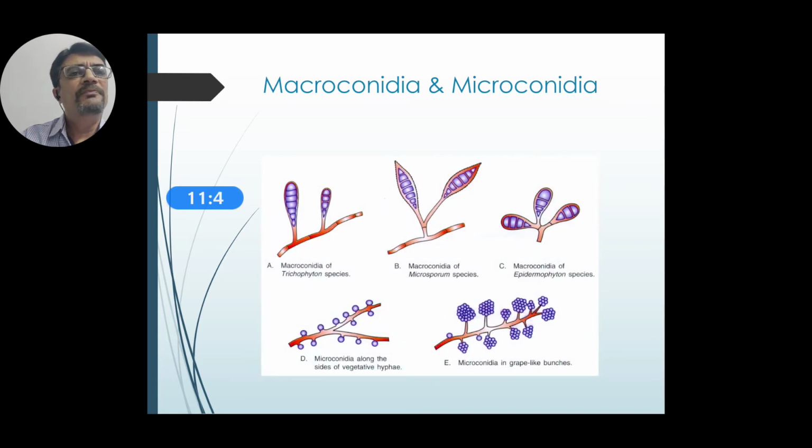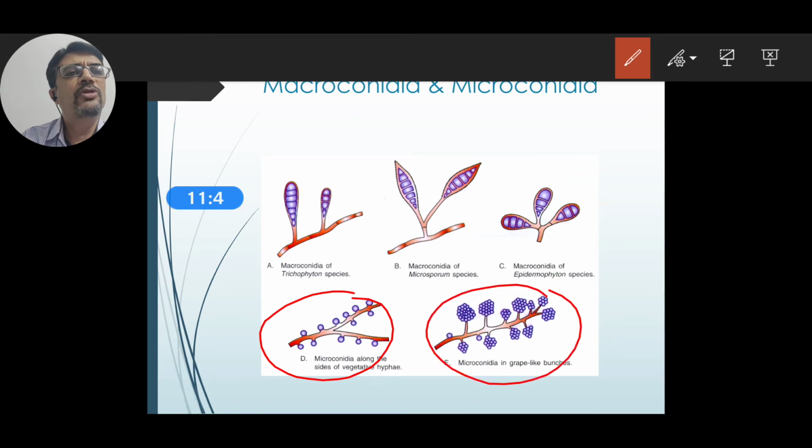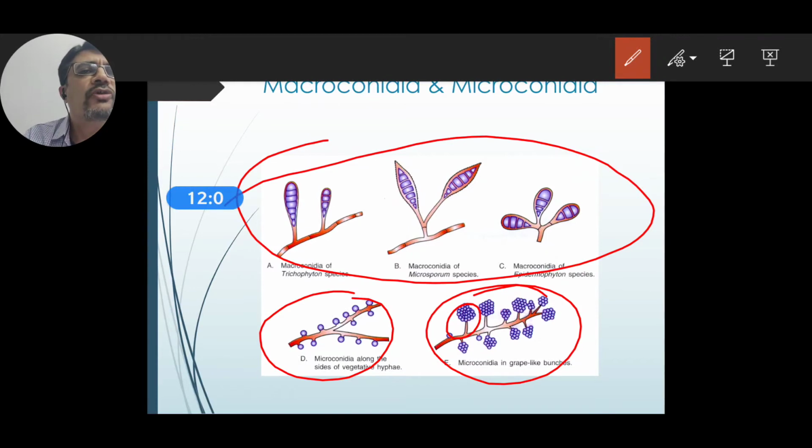So these are the macroconidia and the microconidia. As I have said, the unicellular ones, these two, are the microconidia. Clear? Sometimes they may be arranged singly, sometimes in a grape-like bunch. And these three, the upper layer, are multicellular, so we call them macroconidia because more cells are there.